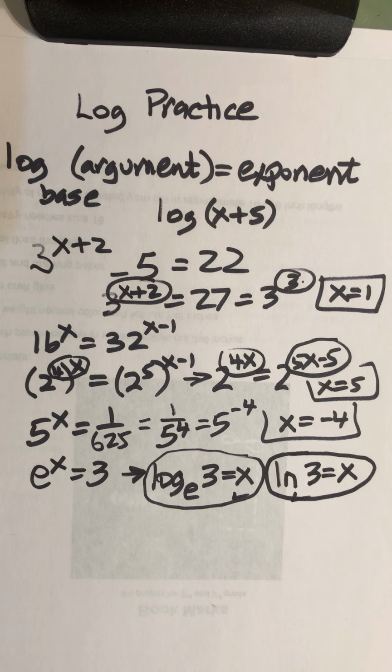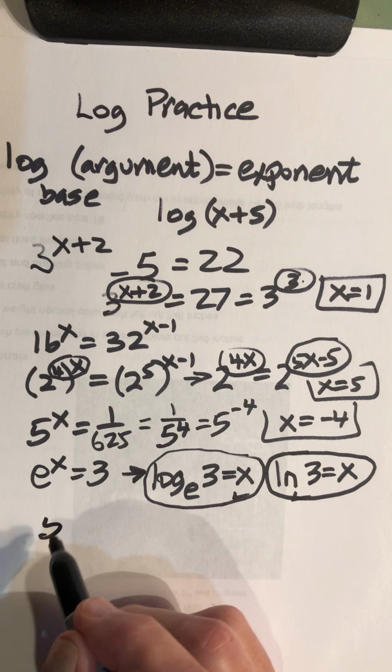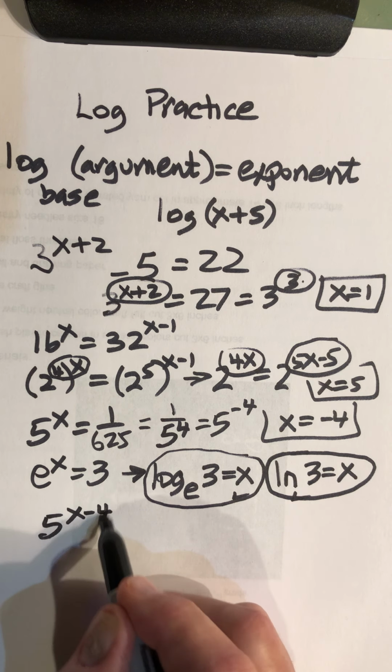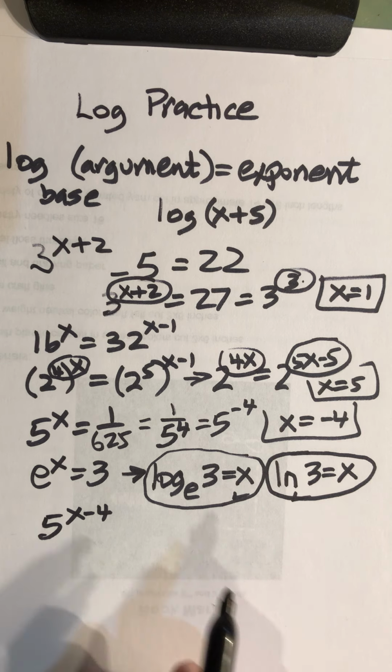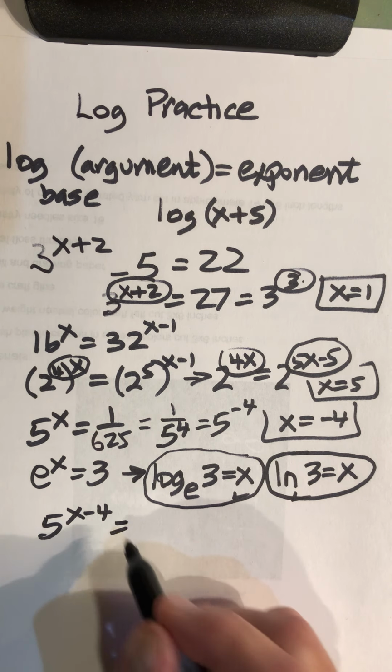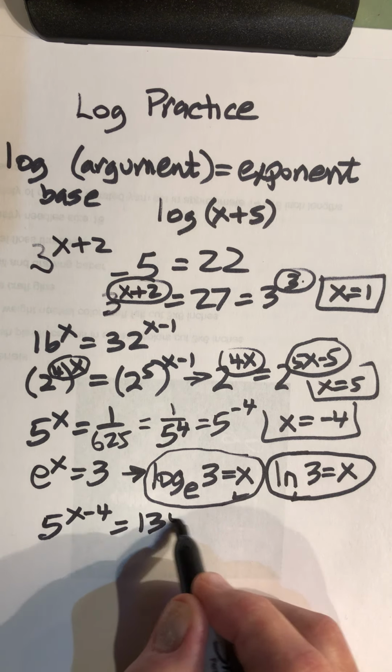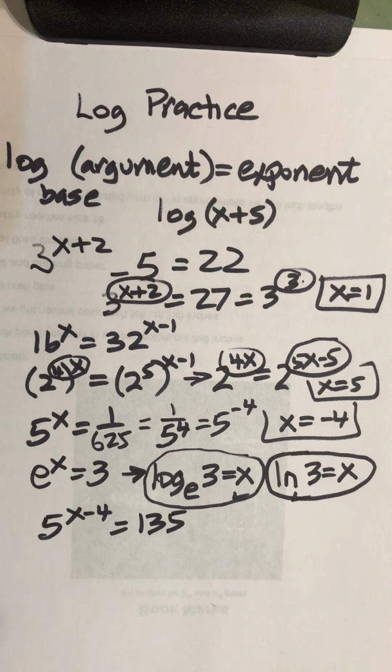All right, let's do another one. Let's go to 5 to the x minus 4 equals 135. Uh-oh. Okay, now I've been able to solve all of these without a calculator, but now I'm going to need my calculator.